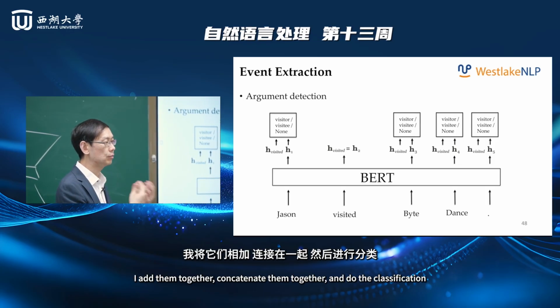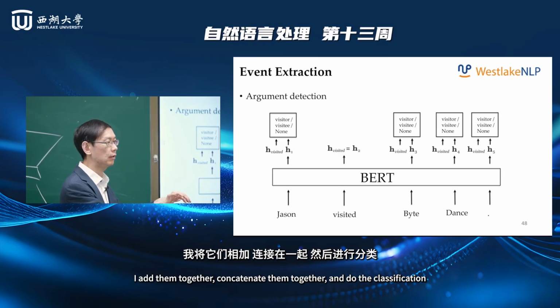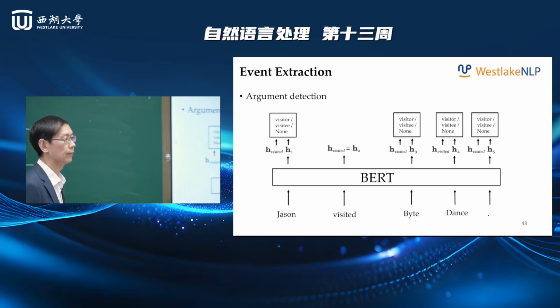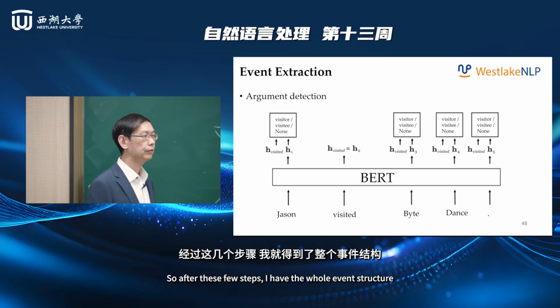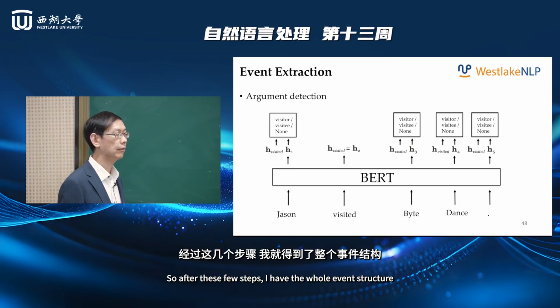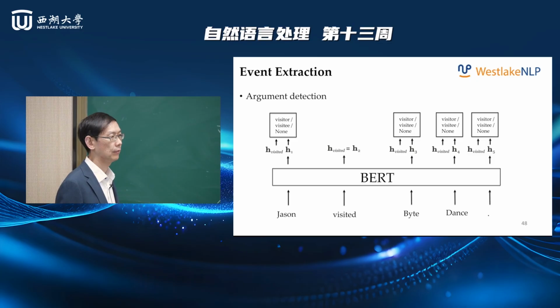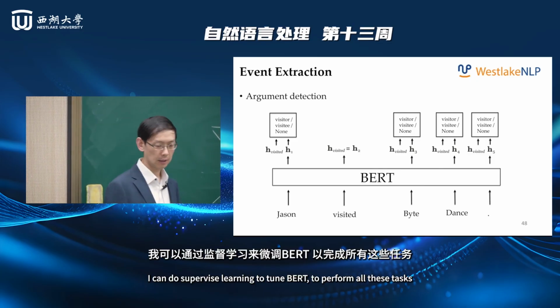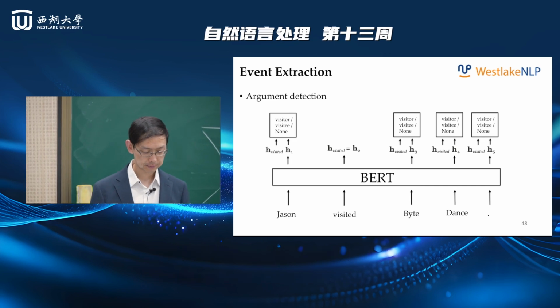I concatenate them together and do the classification. Are you an argument? What kind of argument are you? Etc. So after these few steps, I have the whole event structure. I can do supervised learning to tune BERT to perform all these tasks.